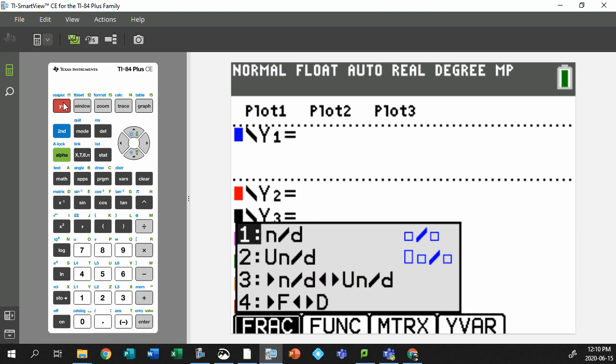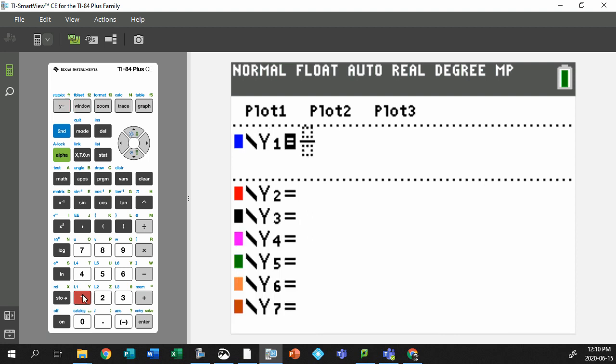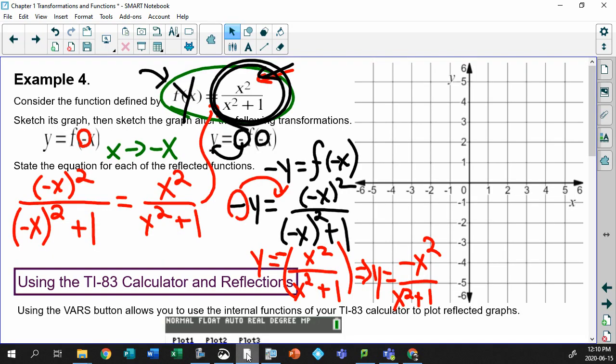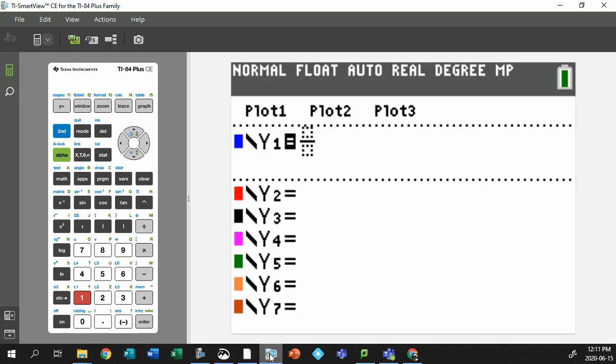N over D, numerator over denominator, and I'm going to choose that. Watch this. There's my fraction, numerator over denominator. And if you remember, it was x squared over x squared plus 1. Let's put that in there. Watch. X squared over x squared plus 1.